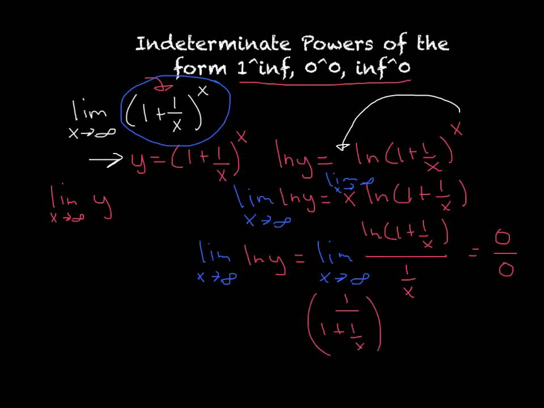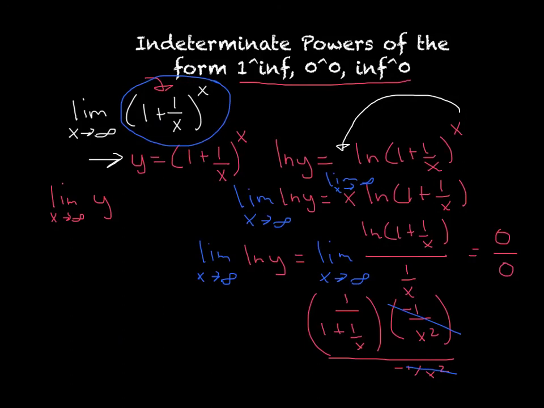Well, the derivative of 1 is 0. The derivative of 1 over x is simply negative 1 over x squared. And all of this is divided by the derivative of the bottom, which is negative 1 over x squared. And we're going to see that this negative 1 over x squared is going to cancel out nicely. And that leaves us with 1 over 1 plus 1 over x.